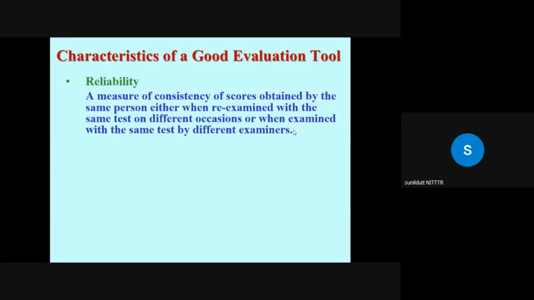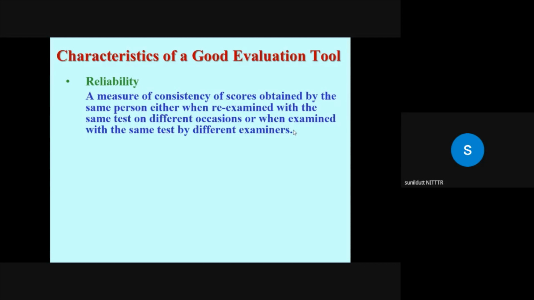And with a longer time period between two administrations of the test, additional variation in scores may be caused by intervening learning experiences, maybe a change in health, or forgetting, or less comparable testing conditions.